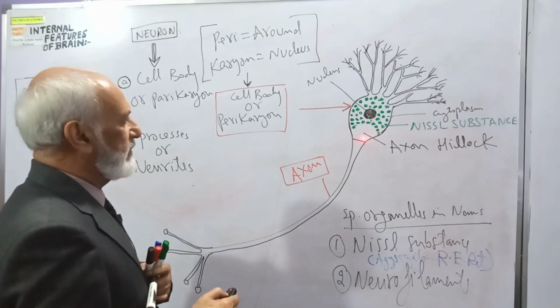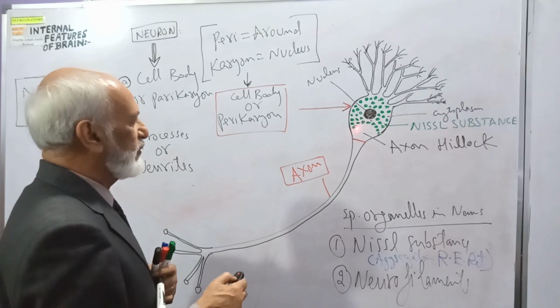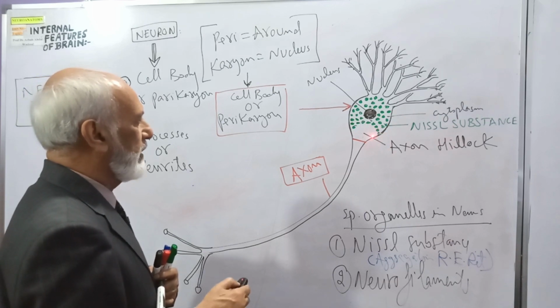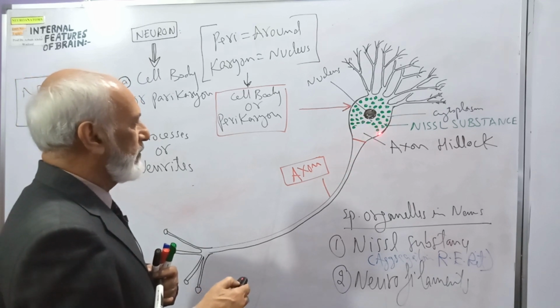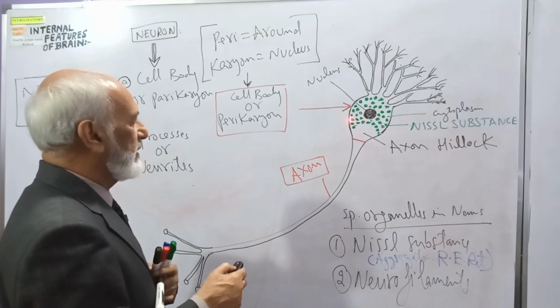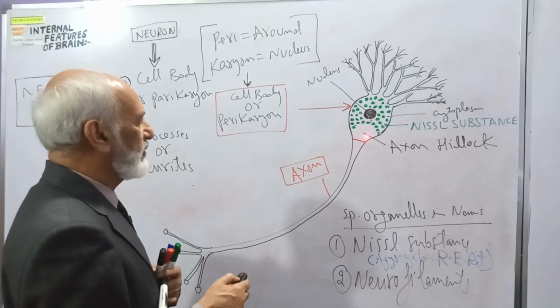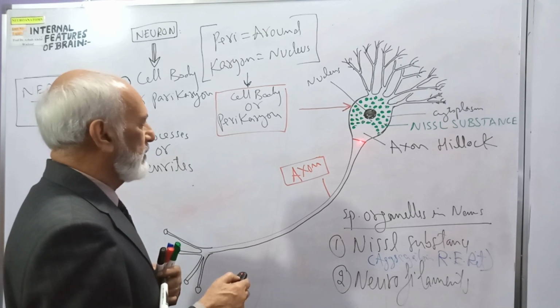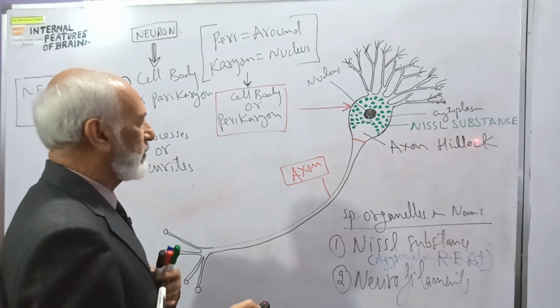This part of the cell body, which is devoid of nissl substance, has a special name known as the axon hillock. Axon hillock is not part of the axon, it is part of the cell body of the neuron. Difference is that in the proximal part of the cell body there is nissl substance, but in the region of cell body close to the beginning of the axon is devoid of nissl substance and is known as the axon hillock.